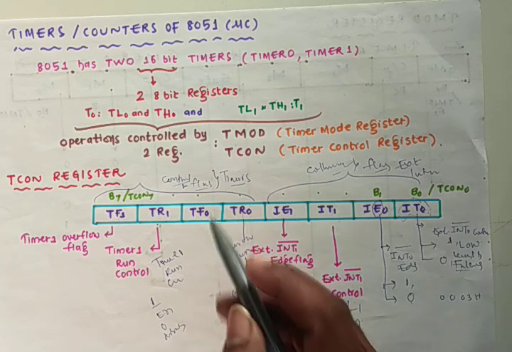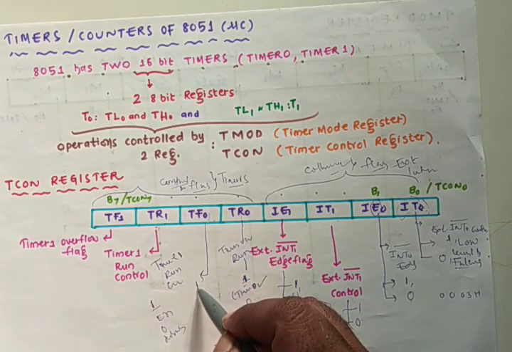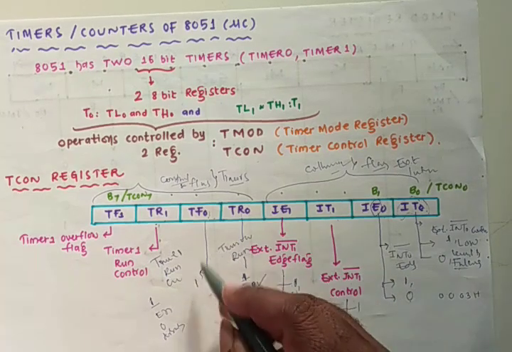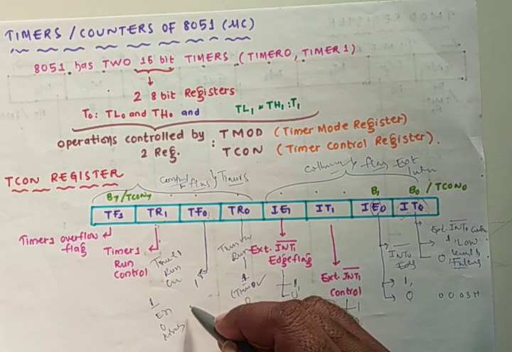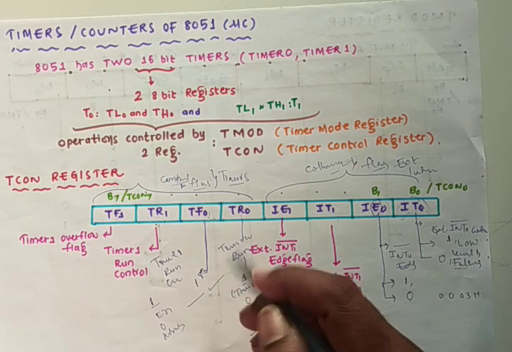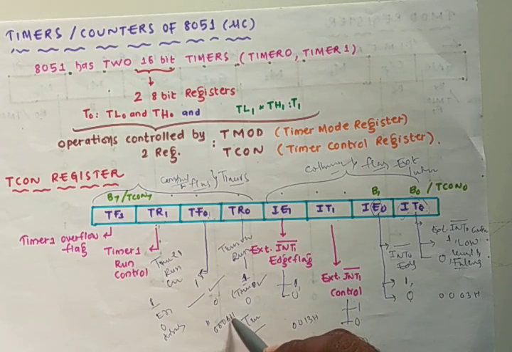That means whenever this is set to 1, timer 0 overflows from all ones to all 0s. Otherwise it will be 0. Program control moves to 000BH.